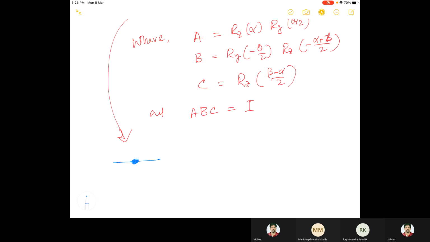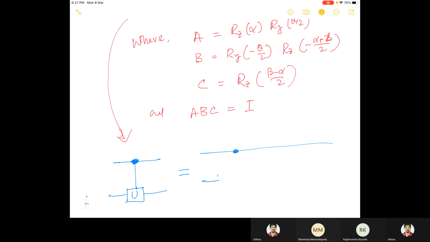I'm applying U on the second qubit when my first qubit is 1. I'm saying this is equal to this, and this can be implemented this way. I'll tell you why.